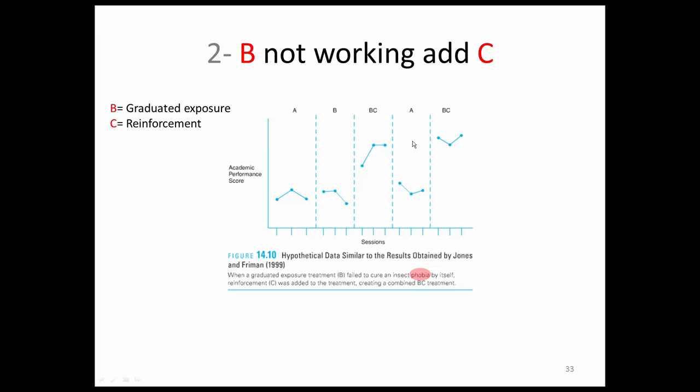So in the next phase, you remove both of them and you see it goes back to baseline, and then again you apply both B and C treatment, and you see the score goes up. So definitely the combination of B and C is working, because when you have them, the score is up, and when you remove them, the score goes down.